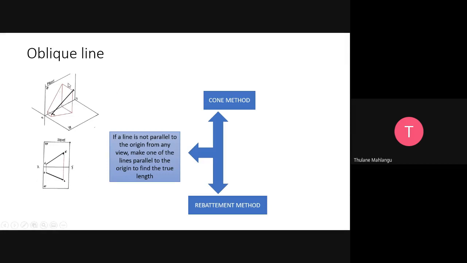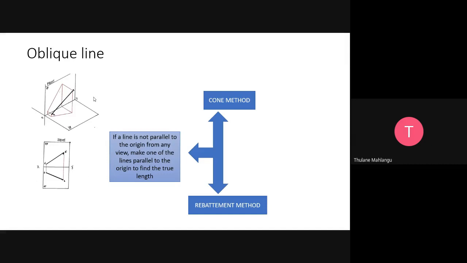If you take a look at the pictorial drawing, the line segment AB, from the front view, that line is not parallel to the vertical plane. And also from the top view, that line is not parallel to the horizontal plane. So it means that is an oblique line.